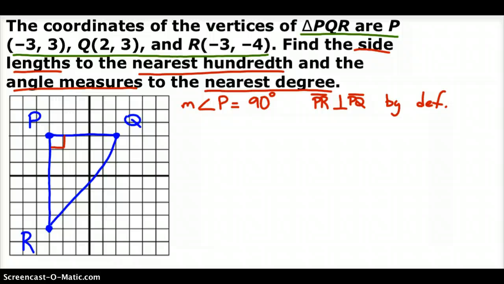The next thing I might say, maybe I'll talk about my angle measures here, or my side lengths in green, right? So they're kind of nice to us here because we know that PQ is a horizontal segment, so we can just sort of say that this is 1, 2, 3, 4, 5 spaces, right? So we can say PQ is going to be equal to 5, right?